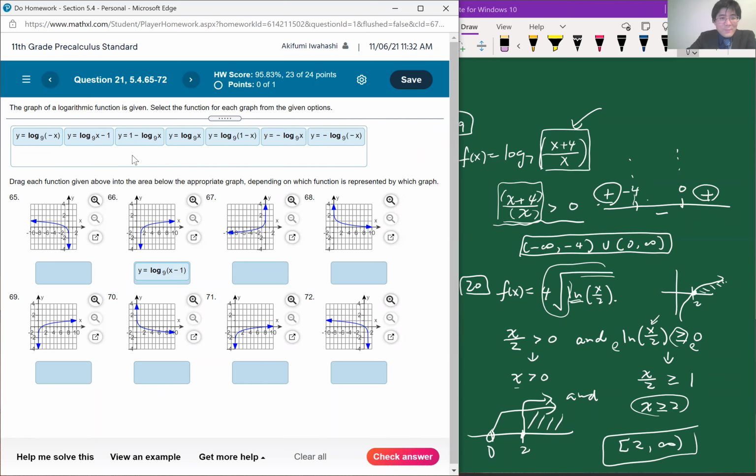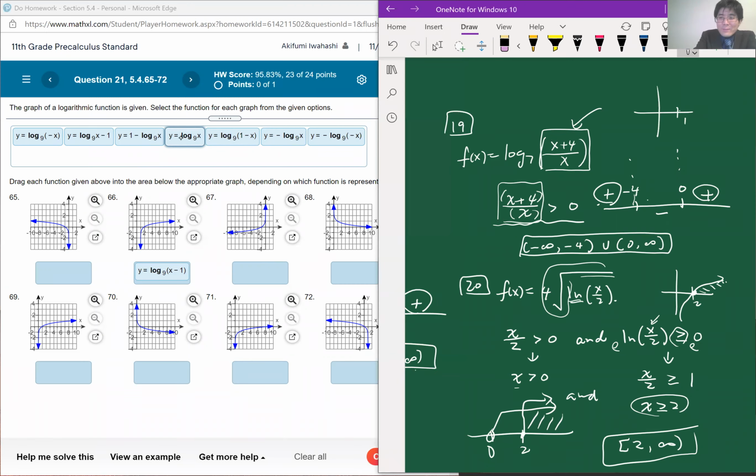Okay, next one. Let's take a look at the easy ones. This is a basic one. It's going to be log base 9 of x, so it should have an x-intercept equal to 1. The basic log function has an x-intercept at 1.